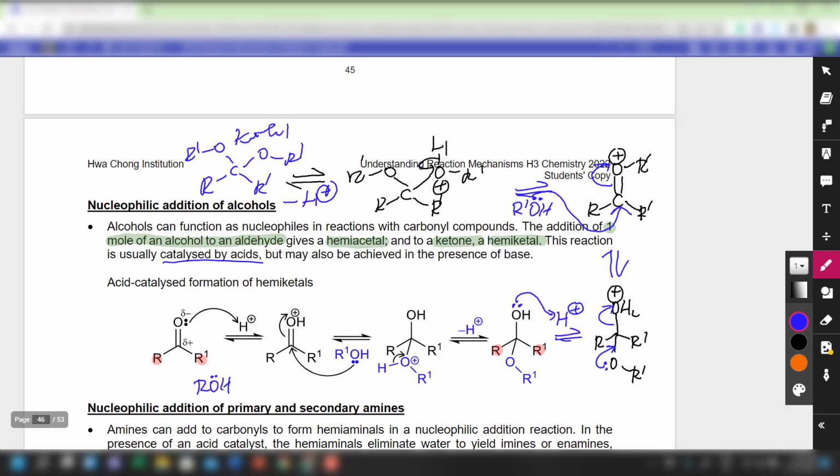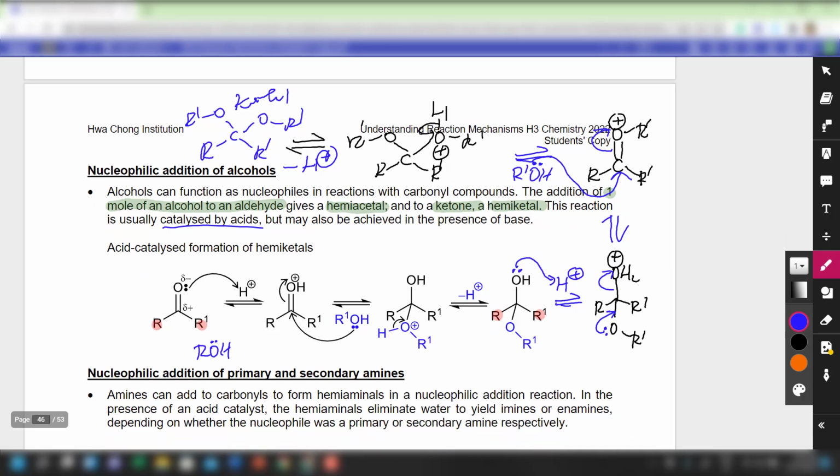Once I form them, the carbonyl carbon is no longer present, so there's no more pi bond. In that case, it will not be able to undergo the usual nucleophilic addition, or, later on, the addition-elimination kinds of processes. So it's like protecting the carbonyl group from being attacked unnecessarily by nucleophiles.